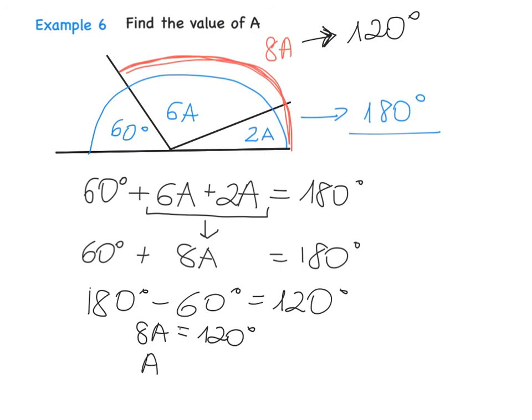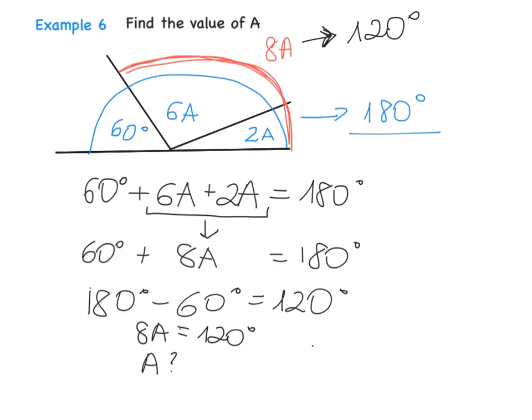How to find a? What a is? And the same, we need to use algebra rule, what says you need to divide both sides of the equation by the number in front of our letter, okay? So we need to divide it by 8. So if we know that 8a is 120, if we want to find a, we need to divide it by 8.